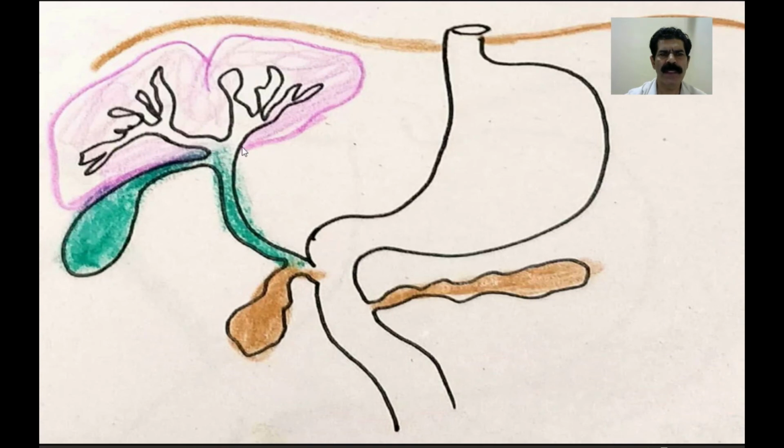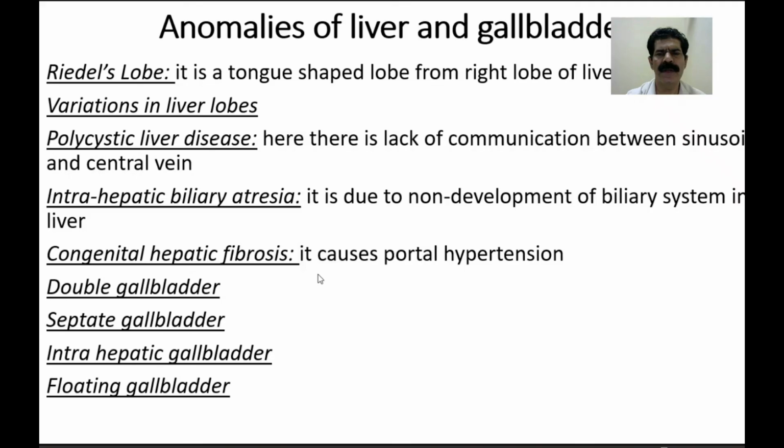So as the liver is developing, its connection to the gut narrows down, and this narrow portion from the cystic duct and the hepatic ducts commonly forms the common bile duct, which opens at the foregut and midgut junction, in the second part of the duodenum.